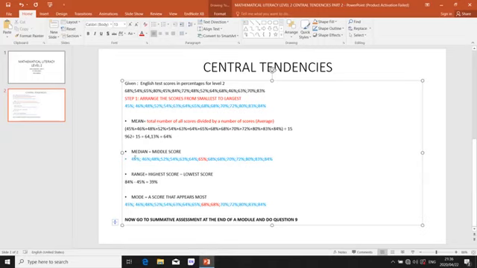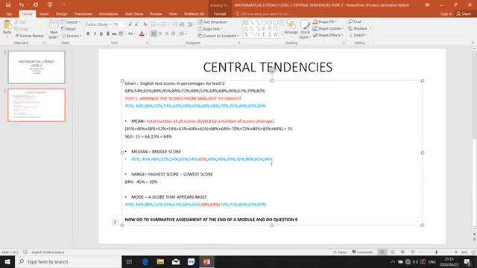Now we're moving to the median. What does the word median mean? The median is the middle score. You do your work much more easily by arranging all the scores from smallest to largest, as in the first step.